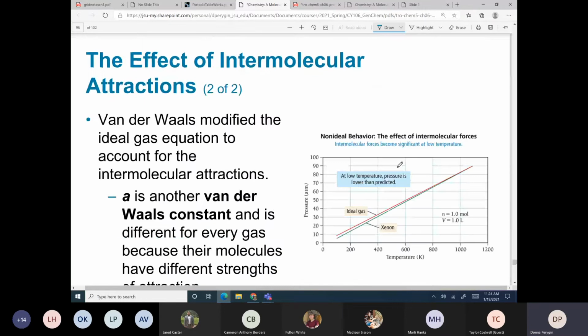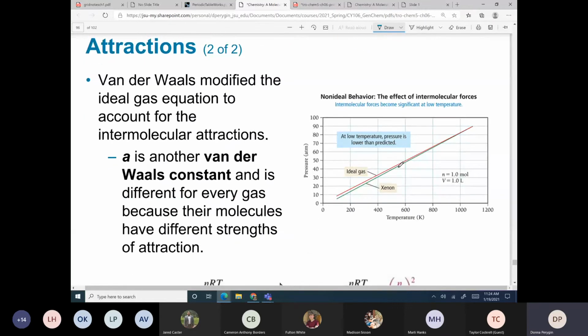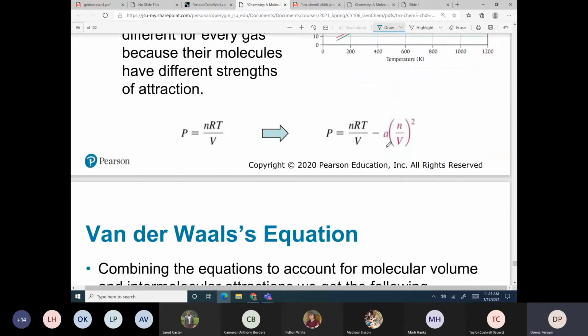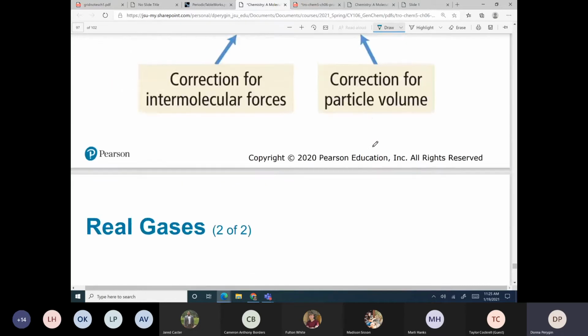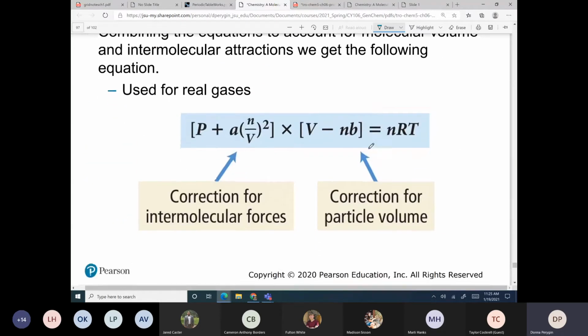And then at low temperature, we're also going to see a deviation from ideal gas behavior. For xenon, it would have looked like the red line, but it looks more like the green line, okay? So we have to account for that as a different unit, a different part of the equation. So we have this equation for real gases.